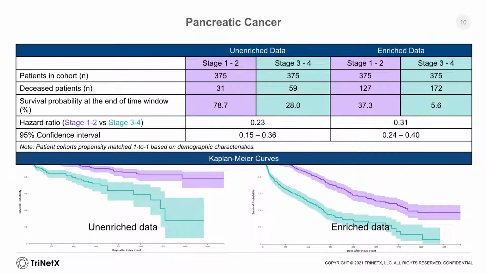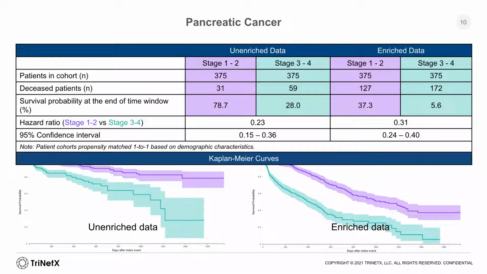In this case, we are comparing stages 1 and 2 pancreatic cancer to stages 3 and 4 pancreatic cancer patients. Stage 1 and 2, in purple, is the stage of pancreatic cancer that patients had when they were first diagnosed, and we're comparing them to stage 3 or 4, in green, a group of patients who were much further along in the course of the disease at the time of their diagnosis.